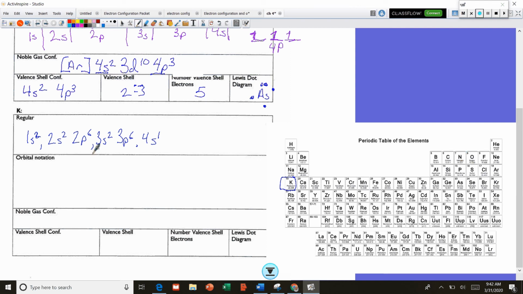There's my 2p6, 3s1, 3s2, 3p1, p2, p3, p4, p5, p6, and then I have my 4s1.